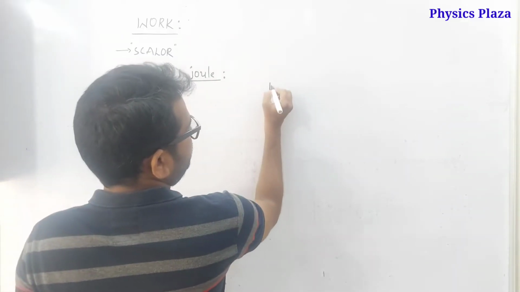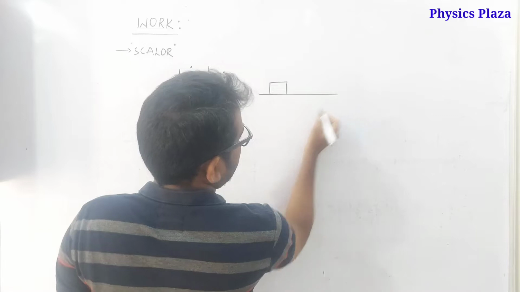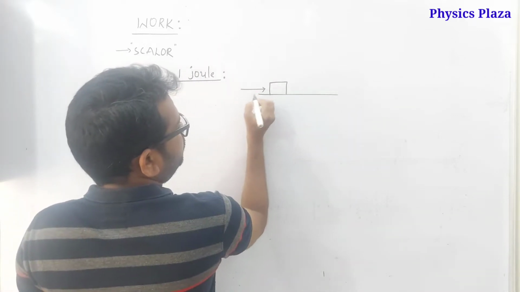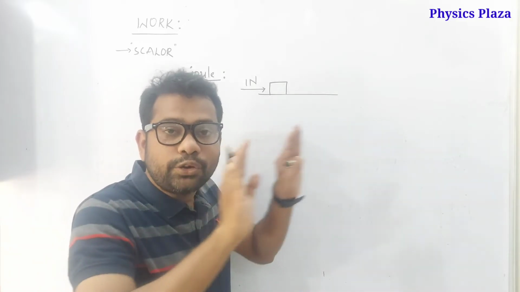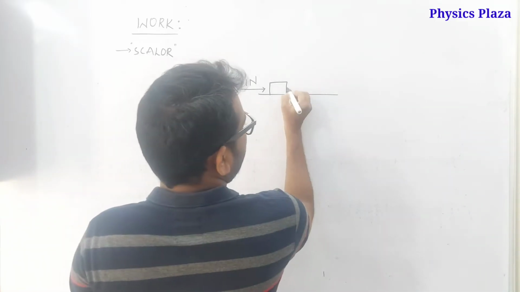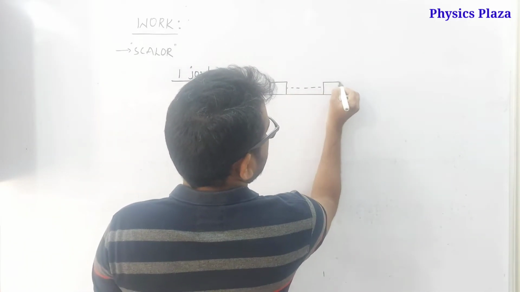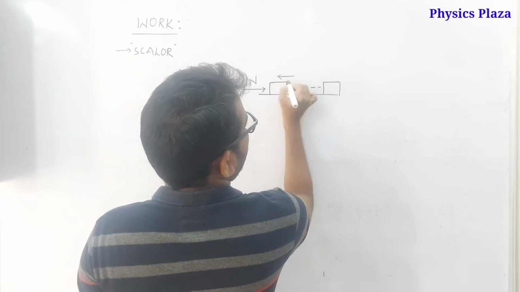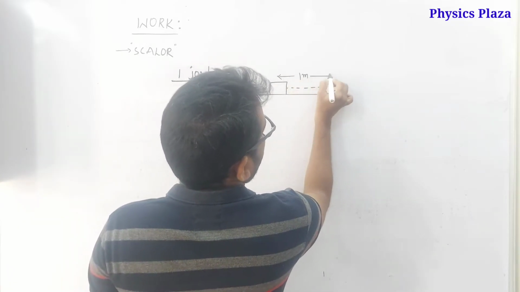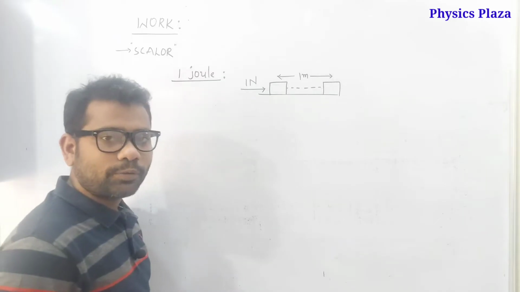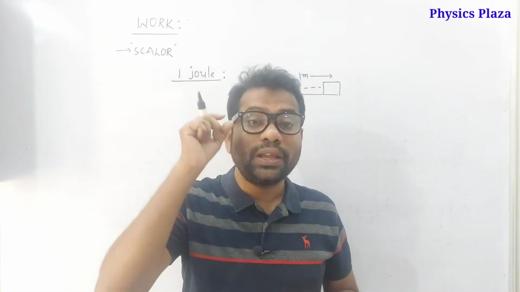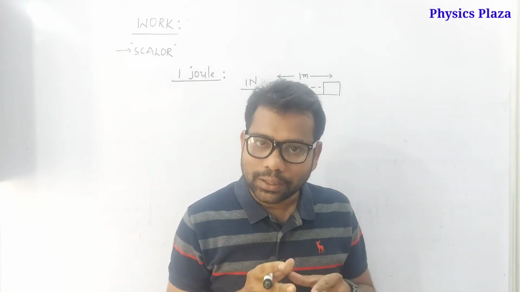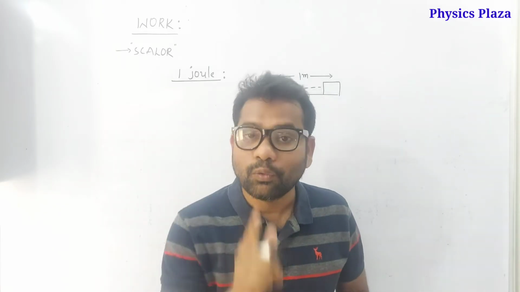For suppose, children, an object is placed here, and a force of 1 Newton is acting on it. How much force is acting? 1 Newton force is acting, children. Then obviously what will happen? The body will be displaced. If this body is displaced by 1 meter, I mean a force of 1 Newton displaces the body by 1 meter, then work is said to be done 1 joule.